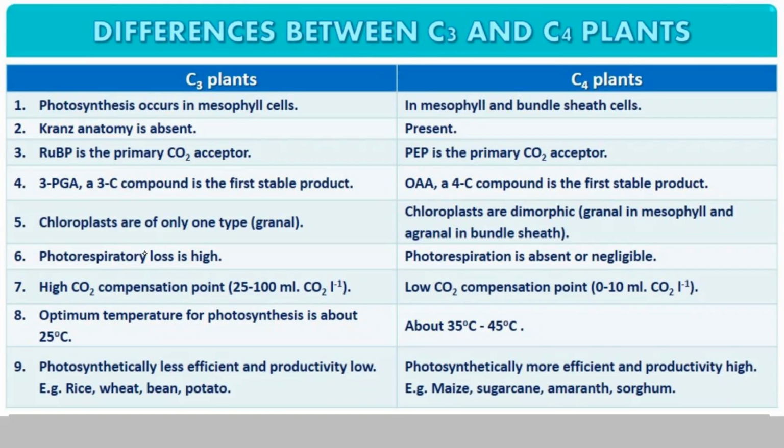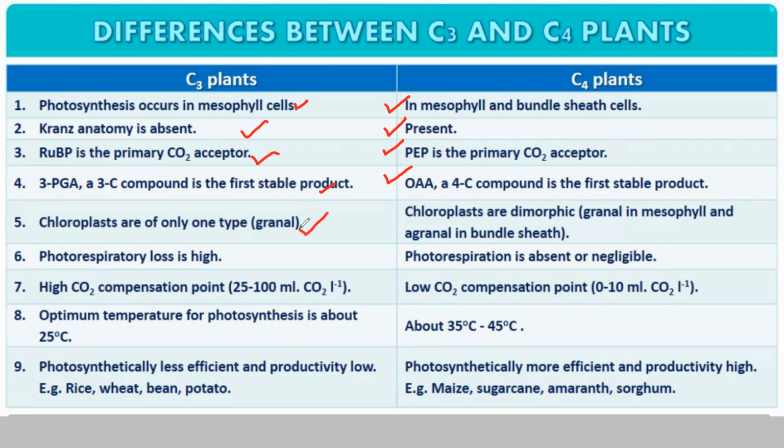RuBP is the primary carbon dioxide acceptor in C3, whereas in C4 it is PEP, that is phosphoenolpyruvate. 3-PGA, a 3 carbon compound, is the first stable product in C3 plants, whereas OAA, that is oxaloacetic acid, is the first stable product in C4.